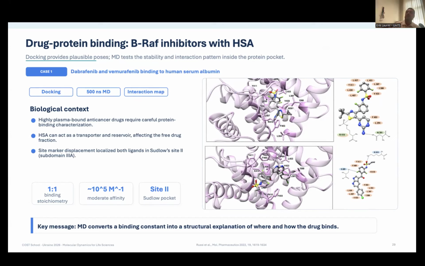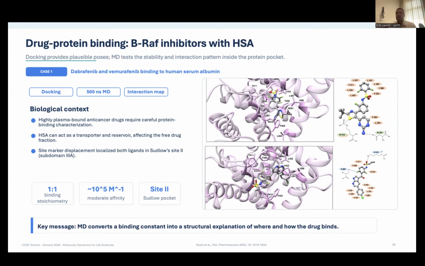Dabrafenib binds HSA with an entropy-driven binding, while on the other hand, vemurafenib binds HSA with an enthalpy-driven binding. How is it possible?